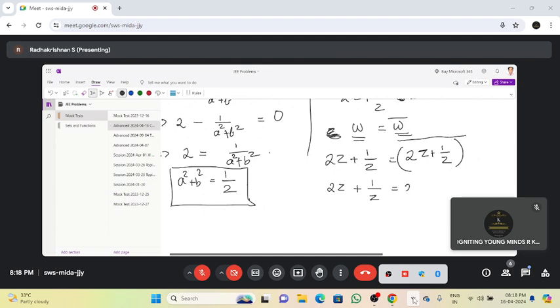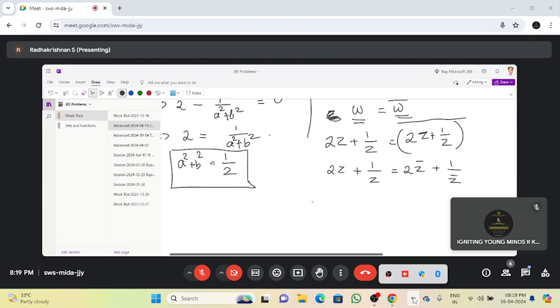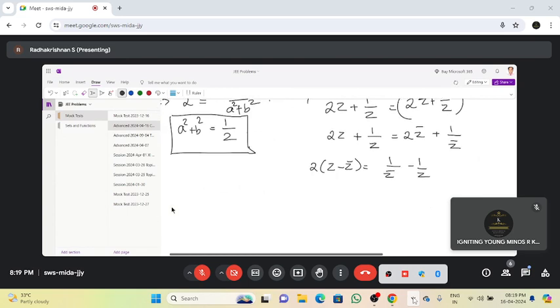So 2z plus 1 by z equals 2 z conjugate plus 1 by z conjugate. Then 2 into z minus z conjugate equals 1 into z minus z conjugate, divided by z z conjugate.